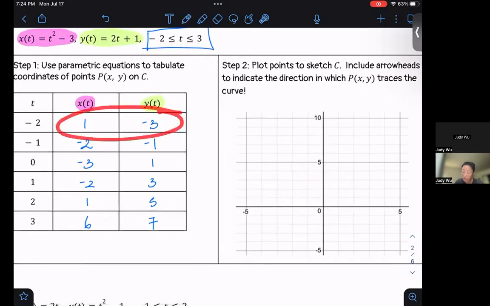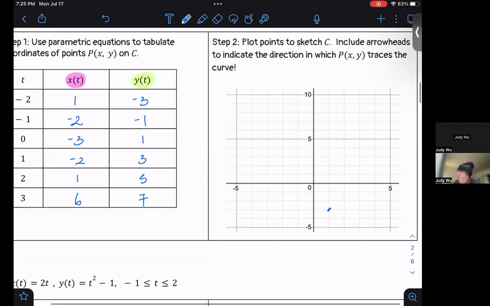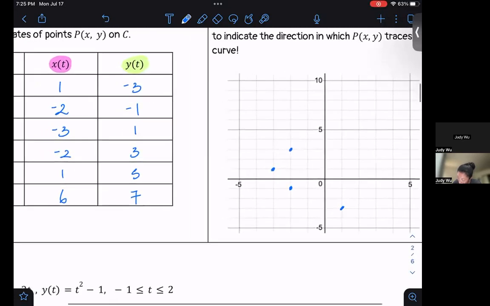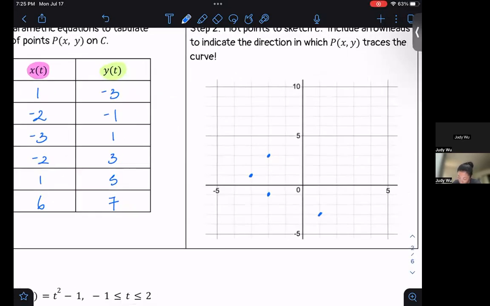The first point I'm going to plot is 1, -3. So 1, -3. I'm going to go ahead and plot all these points: -2, -1, -3, 1, -2, 3, 1, 5, and 6, 7.